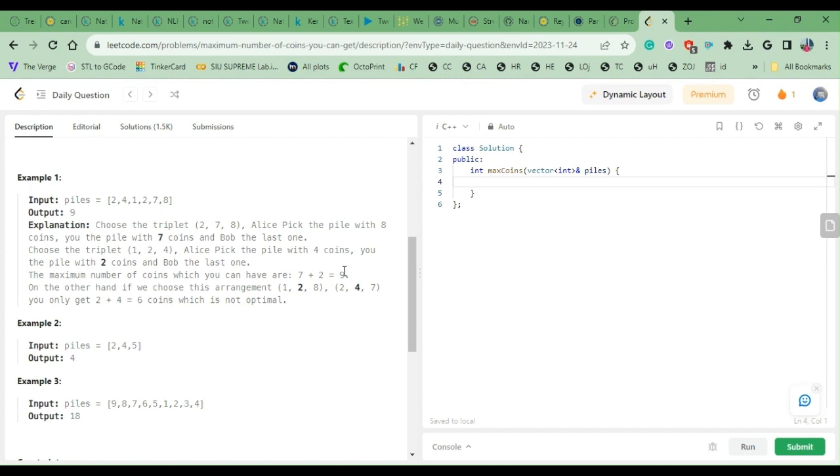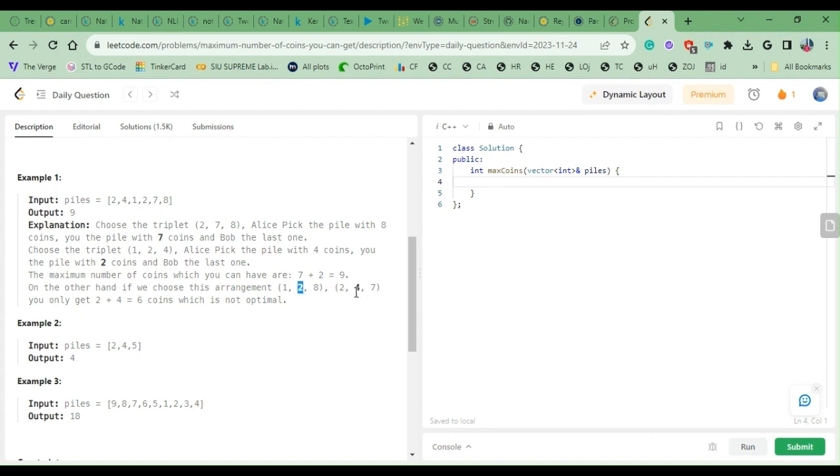There is another way of taking coins, like if you take the triplet 1, 2, 8. This is one way, this triplet and this triplet, one solution. There could be another solution, but it might or might not be optimal. In the triplet 1, 2, 8, 2 is the second maximum, so you pick the 2. And in the other triplet 4 is the second maximum, so you pick the 4.